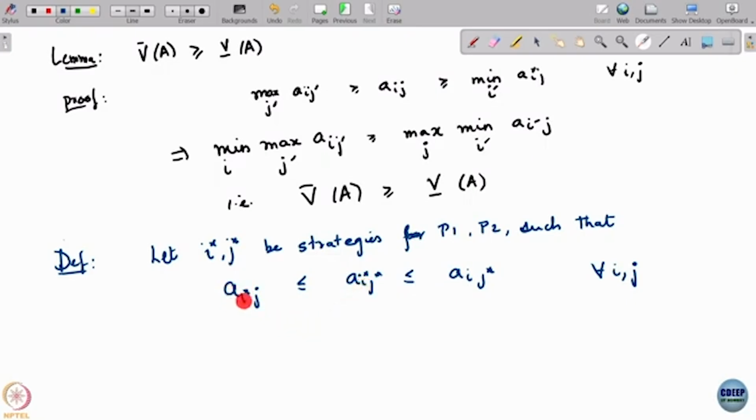Likewise, assuming the row player plays I star, the best thing for the column player to do is to respond with j star. Is this clear? If a pair of strategies satisfies this, then I star j star are called a saddle point.